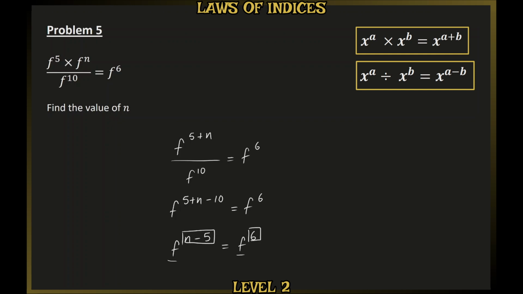And so we can write that n minus 5 is equal to 6. Solving this equation by adding 5 to both sides tells us that n is equal to 6 plus 5, which is 11. And that's the answer to problem 5.